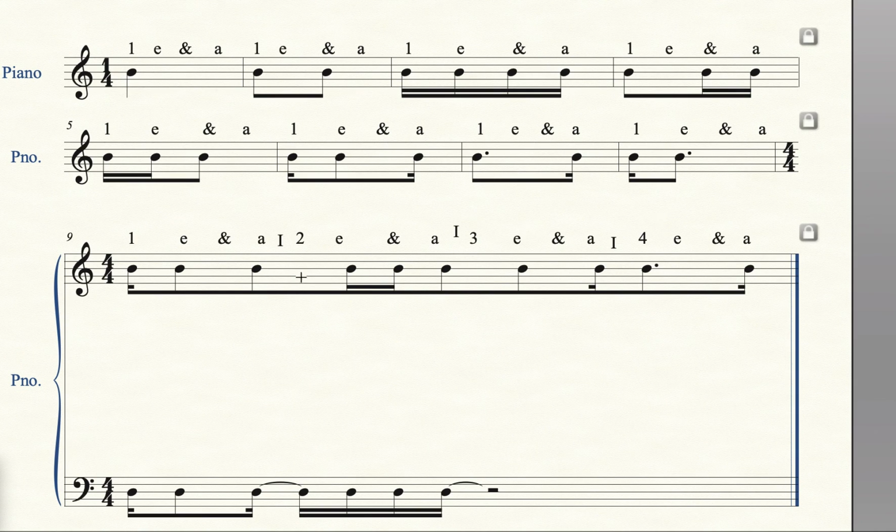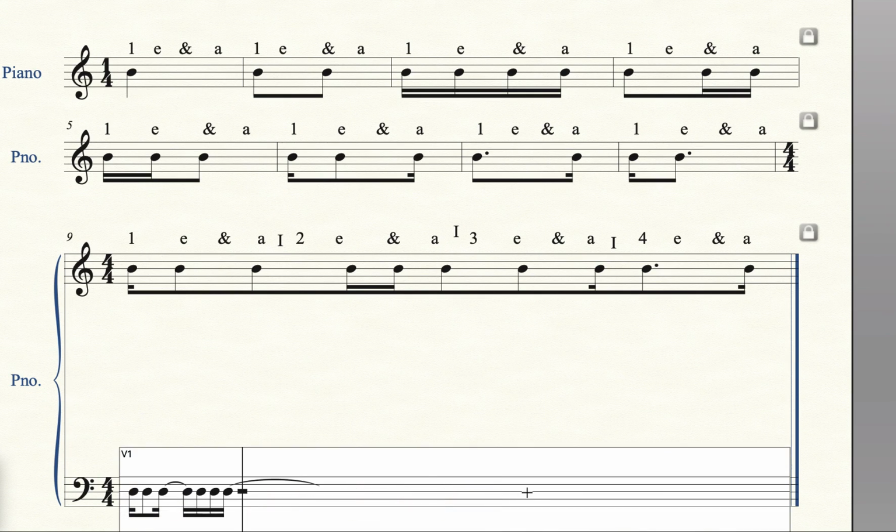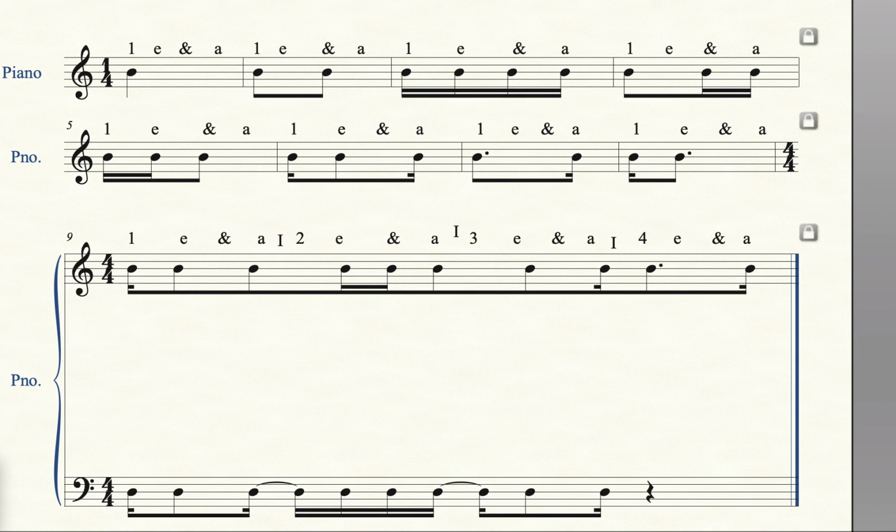Okay, in the third beat, we've got 1 plus 2 plus 1. So that's, again, this 1 plus 2 plus 1. One plus 2 plus 1.